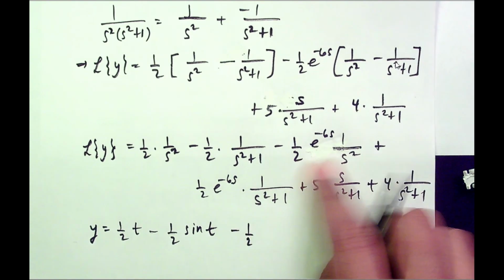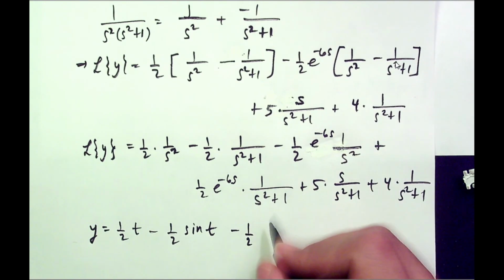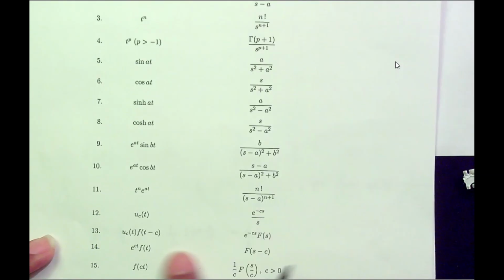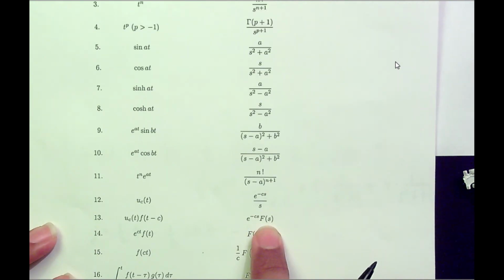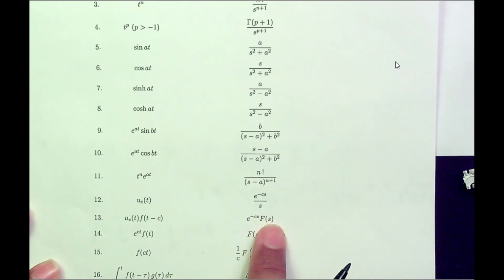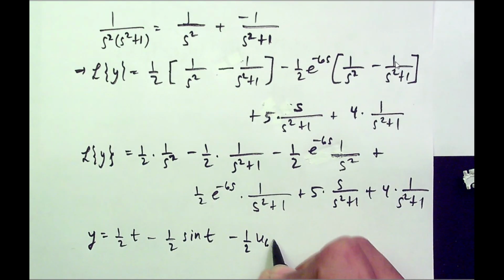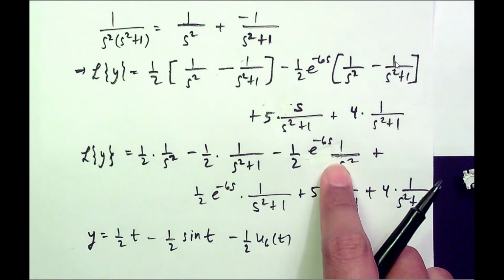minus 1/2. Now let's invert this one. This one is that one, an exponential times a function. So it's going to be u, the u c, where the c is, in this case, 6. So u6 of t. We're working on this one.